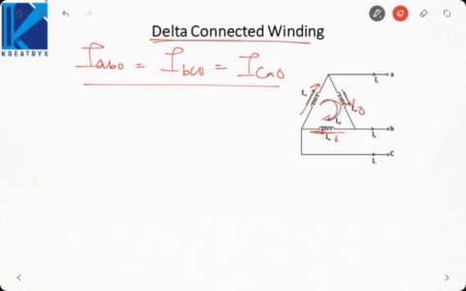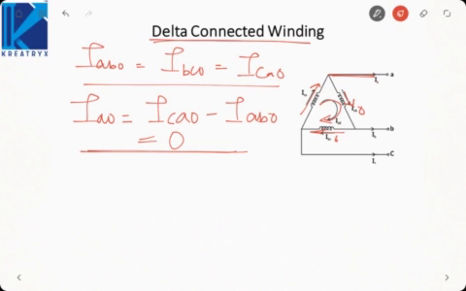So it is flowing like this. Now if I want to calculate IA0, that is the zero sequence component in line current, by KCL I can write it as ICA0 minus IAB0, which will be 0. So there is no zero sequence current in the line, but zero sequence current can easily exist in the phase.